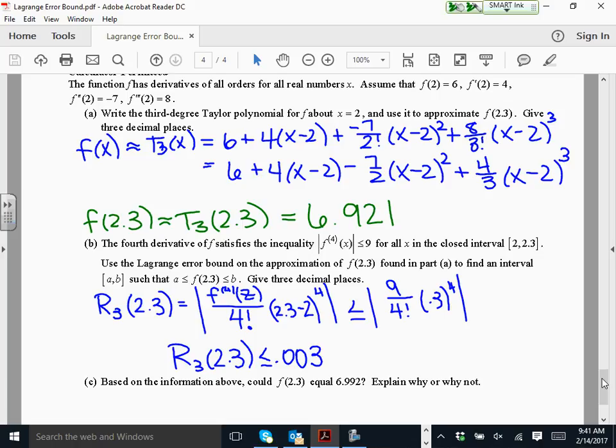Okay, so if our error is less than or equal to 0.003, then our approximation for f of 2.3 would have to be between 6.924 and 6.917.